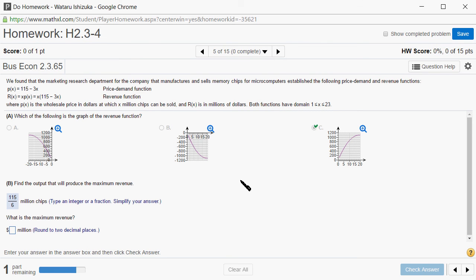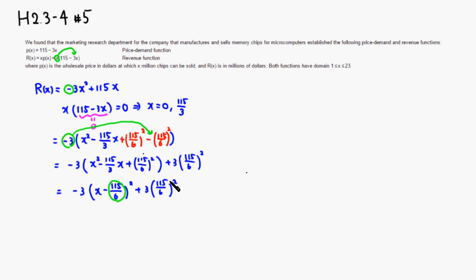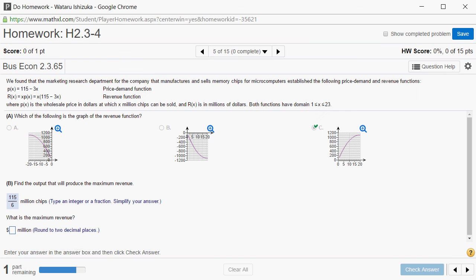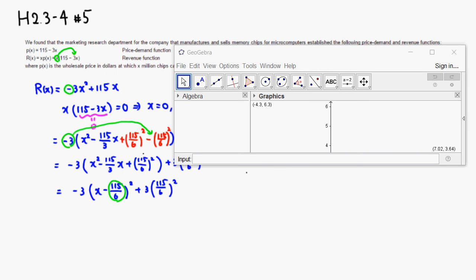What is the maximum revenue? The highest value would be showing right here, and they want us to round to 2 decimal places. So I'm going to bring out GeoGebra. The max number shows up right here, so it's 3 times 115 divided by 6, and then square that.